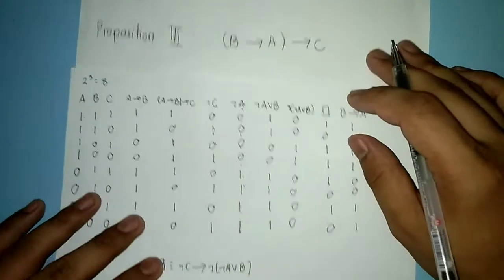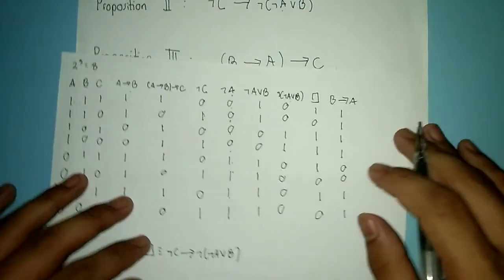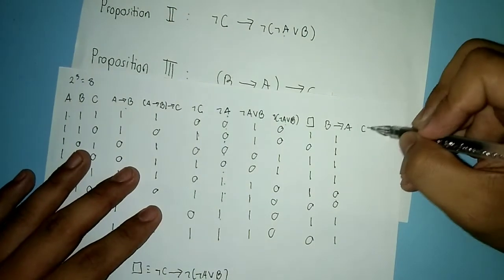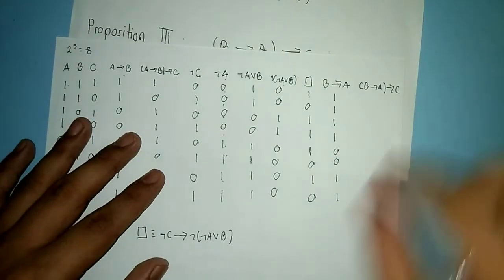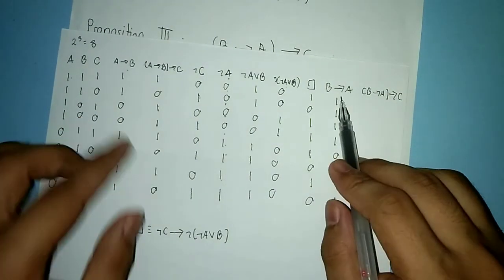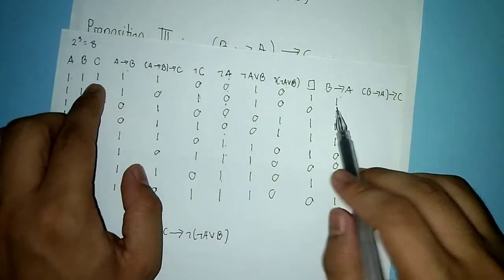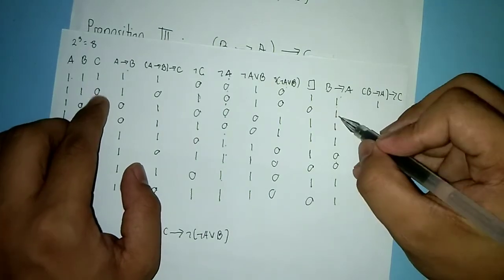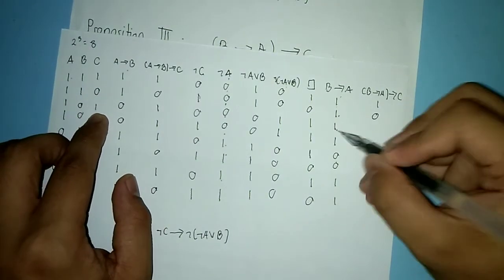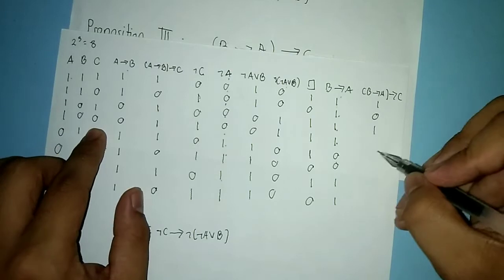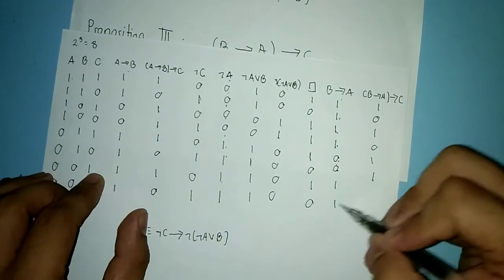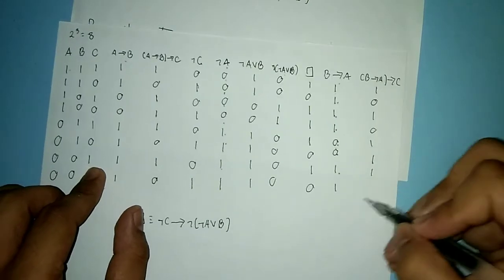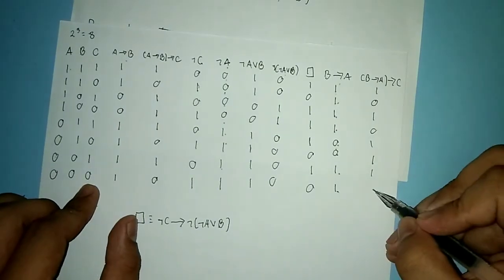Okay, so last one, B implies A, quantity implies C. So B implies A, implies C: 1 implies 1, 1 implies 0, 1 implies 1, 1 implies 0, 0 implies 1, 0 implies 1, 1 implies 1, 1 implies 0.